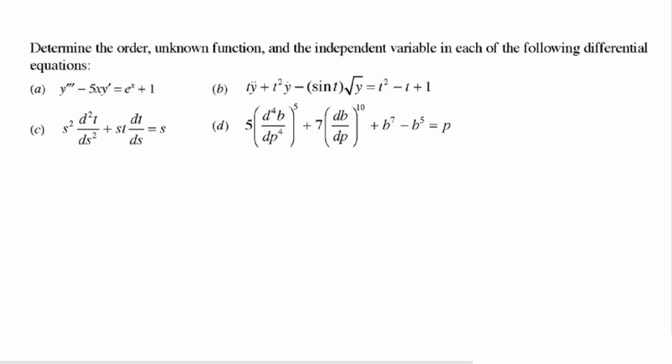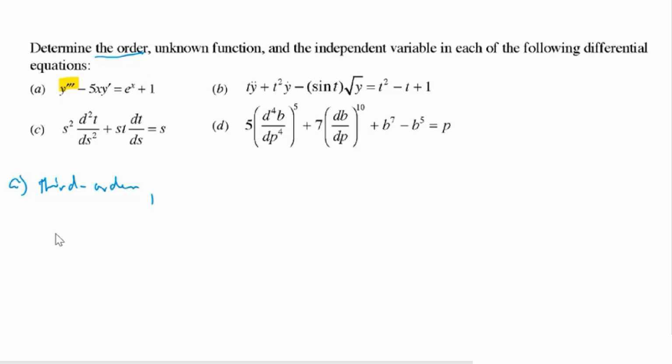Since the highest derivative there is the third, because of the 3 primes, the order is third order. I will write here third order because the highest order derivative is the third.